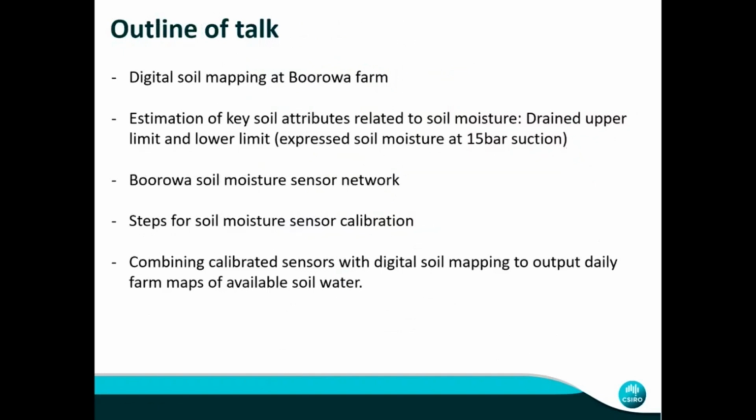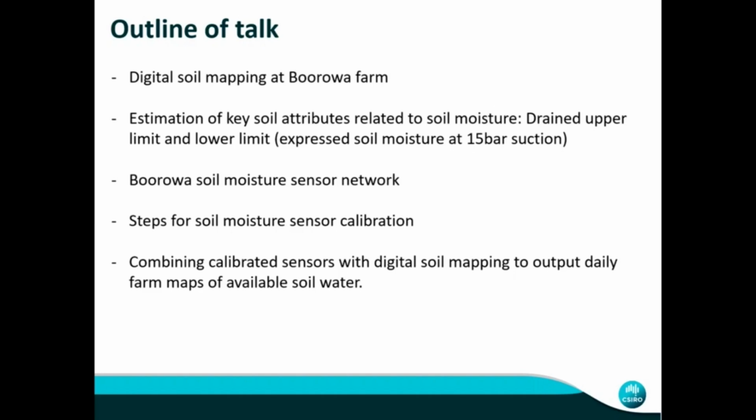So in general, what I'll be talking about today is a connected story. It's really about calibration of soil moisture sensors, but to do that, it needs to be underpinned by some soil information, some soil mapping, because that puts things into reality, not relativity.